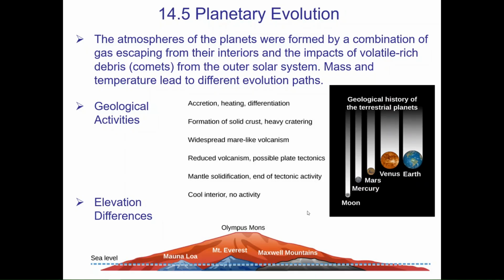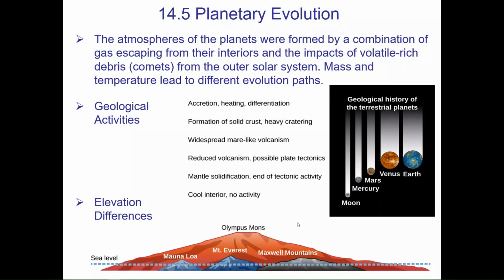So basically, at the end of this chapter, we have finished talking about our own solar system. That is all I want to discuss about chapter 14. In chapter 14, we first talked about cosmic debris, like meteors and meteorites. Then we discussed the formation of the solar system and the formation of the major planets.